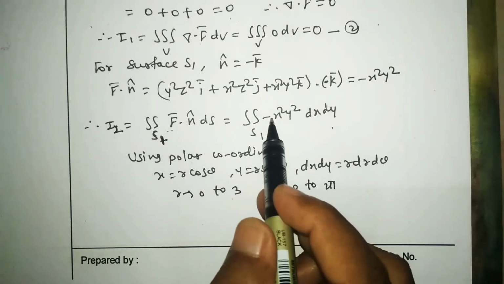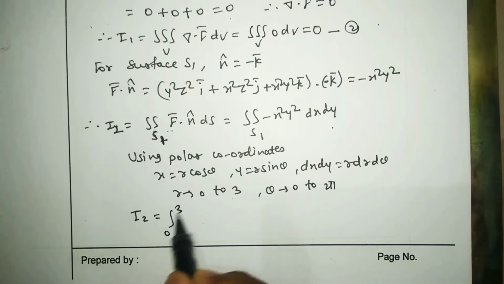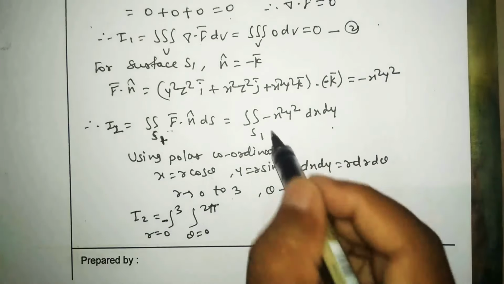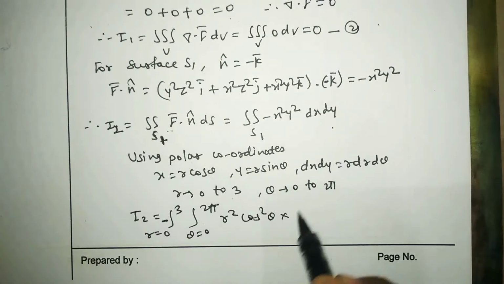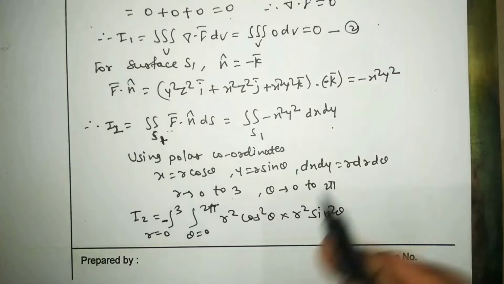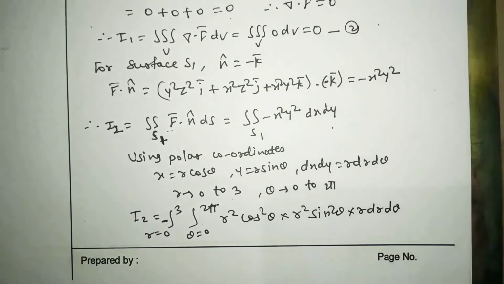So putting all these values here, I2 equals the integral with r from 0 to 3, theta from 0 to 2 pi, minus sign outside, x square, that is r square cos square theta, into y square, that is r square sin square theta, times r dr d theta.